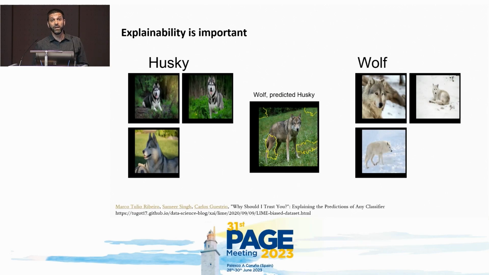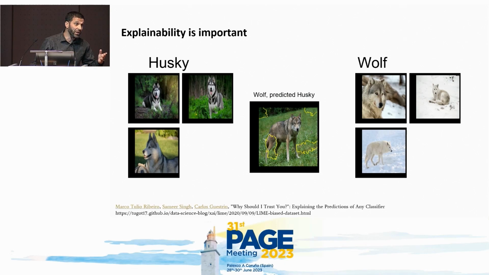When we look at the images that we put into this learning, we see that exactly in those areas, almost all wolves got a snow background, and all huskies got a green background. So we thought that we could differentiate between wolf and husky, but what our machine learning is actually doing is differentiating between grass and snow.